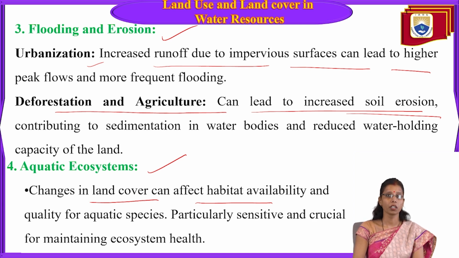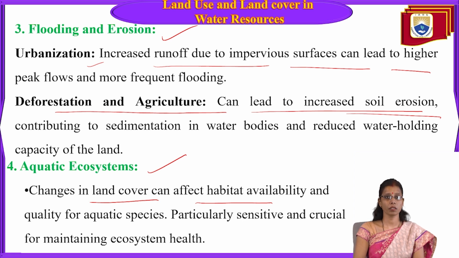the ecosystem health. Due to the land use and land cover changes, lots of materials are dumped in the water body, lots of pesticides are dumped in the water body, and all the waste materials of construction are dumped in the water body, which are affecting the aquatic ecosystem nowadays.